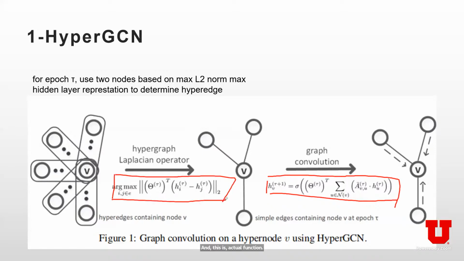They use the L2 algorithm and argmax to show node I and node J to simplify it. Oh, so the S here will be this, theta transpose H_i tau, the signal. Okay, then it can explain why it's dynamically changing, right? Yeah.